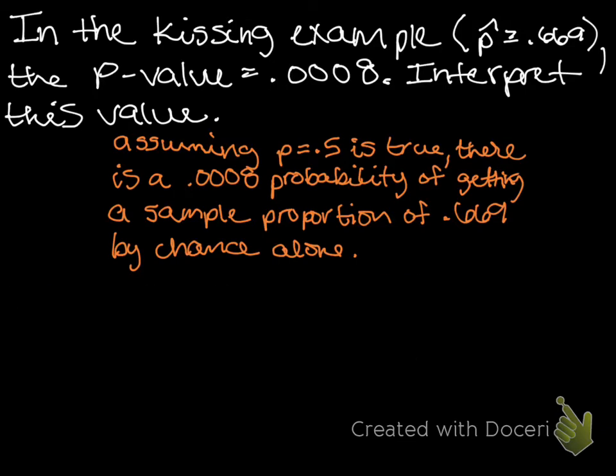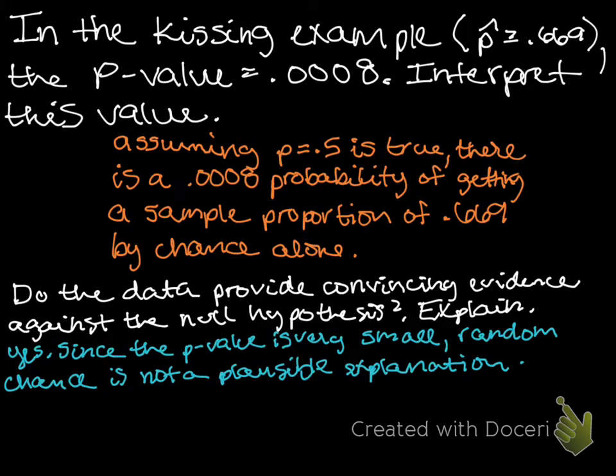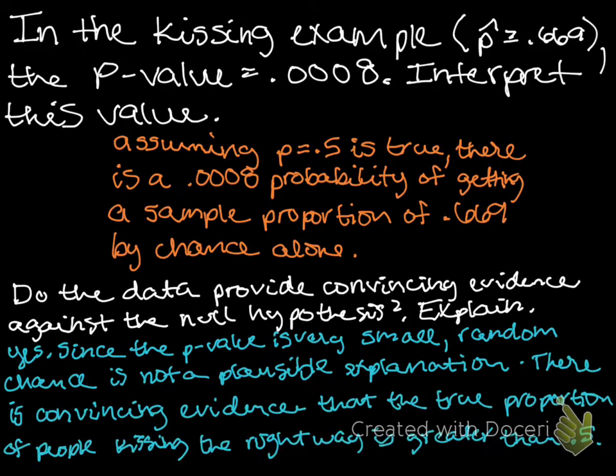Do the data provide convincing evidence against the null hypothesis? Explain. Remember, if the p-value is small, we have good evidence against the null. In this case, our p-value is really small, so we have good evidence. Yes, since the p-value is very small, random chance is not a plausible explanation. There is convincing evidence that the true proportion of people kissing the right way is greater than 0.5.